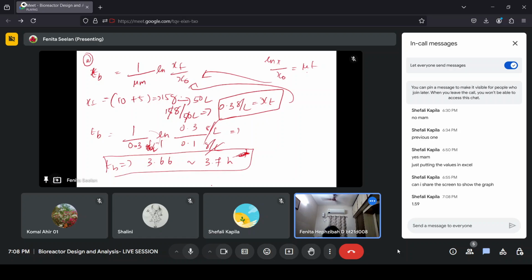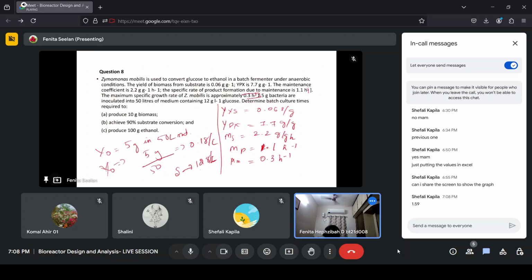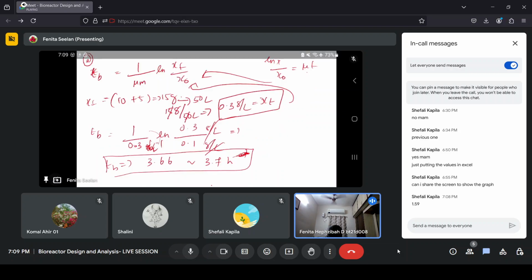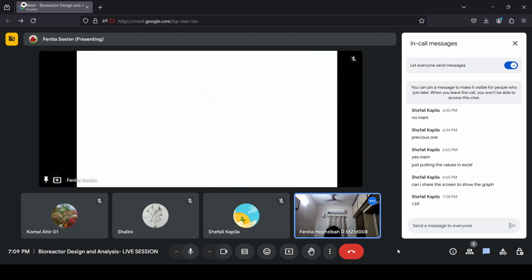Let's go to B. The question was to determine the batch culture time required to achieve 90% substrate conversion. So if 90% substrate is converted means what? Say for example, you are given 100 grams. If 90% is converted, then only 10 gram is remaining, right?